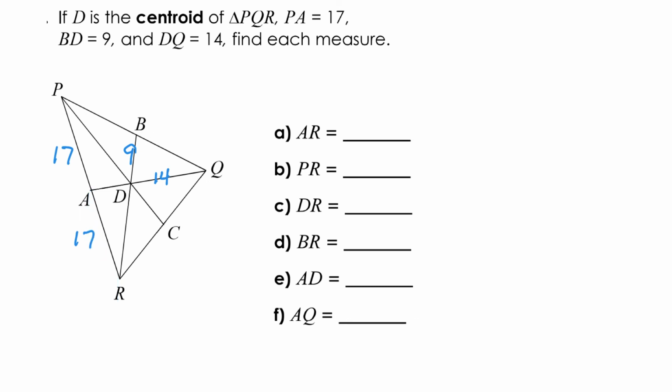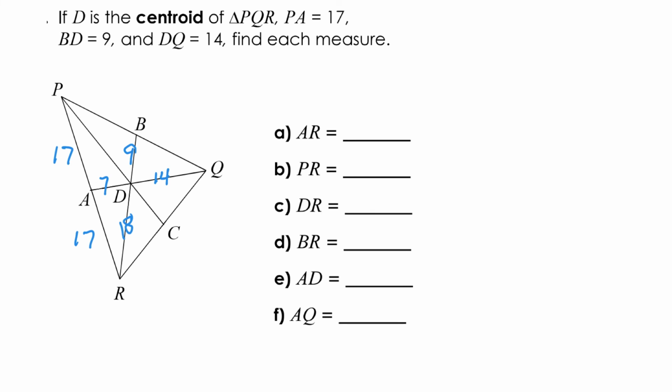If we look at BD, this length is going to be half the length of this one, so to find the length of this line, it's 2 times 9, which is 18. And DQ is 14, so if we need to find this length, it's half of 14, which is 7.